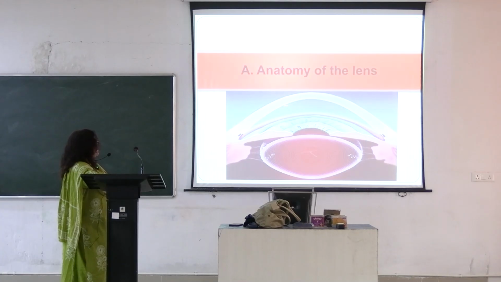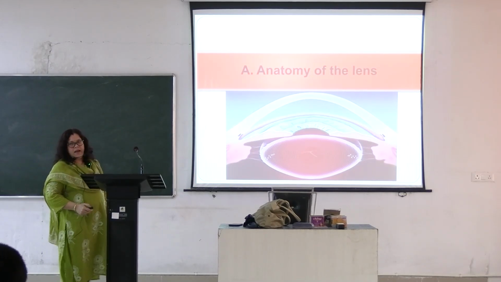This is the anterior surface, this is the posterior surface, and the space between the cornea and iris is called the anterior chamber, and this part is the iris. It is the cut section of the eye, and this semicircular area is the pupil, and this is the lens.